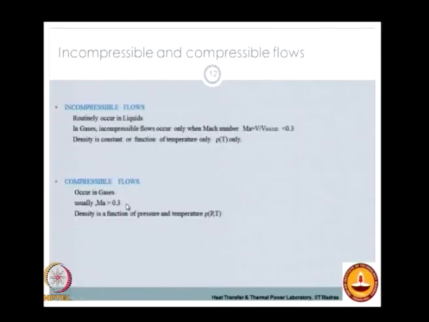Compressible flows occur in compressible fluids, which are gases, and this is also important at high Mach numbers greater than 0.3, where you have to consider density as a function of both pressure and temperature, and there is a local variation of density. In our course we will be primarily looking at the application of convective heat transfer to the incompressible flow regime.